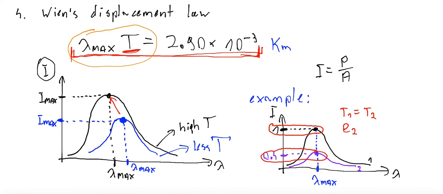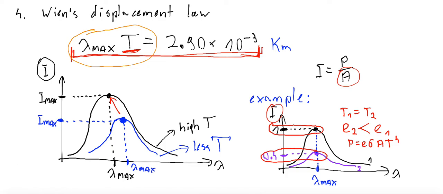So emissivity of second must be less than emissivity of first, because second emits less radiation per square meter than first object, and both have the same temperature. Remember, the Stefan-Boltzmann law says that emissivity times constant times area times T to the power of 4 must be constant. Area is the same because intensity is per square meter, per 1 unit of surface area.